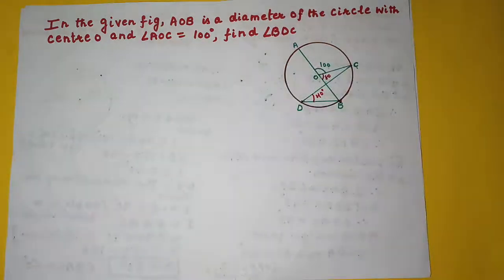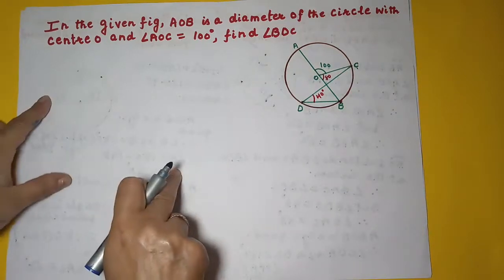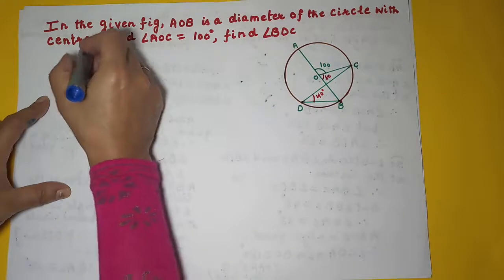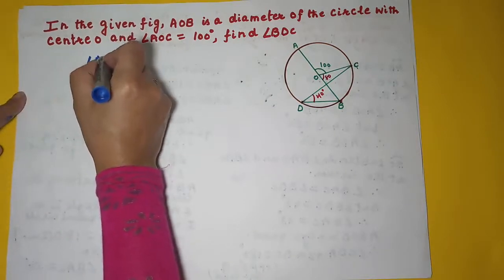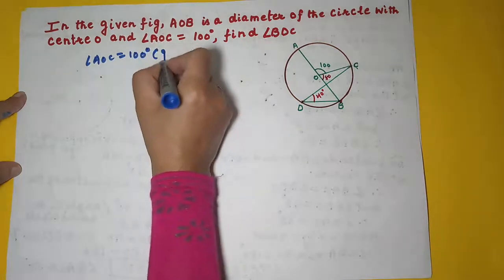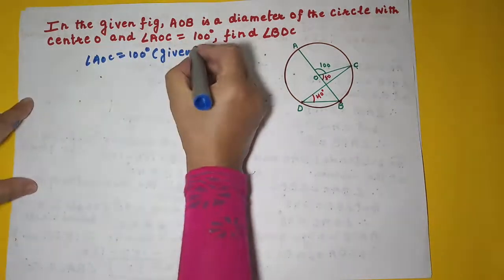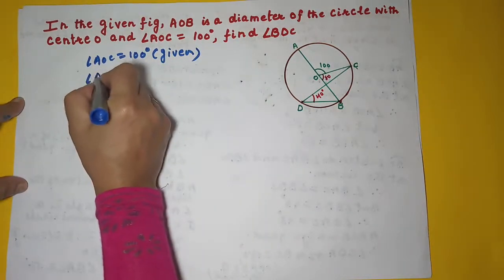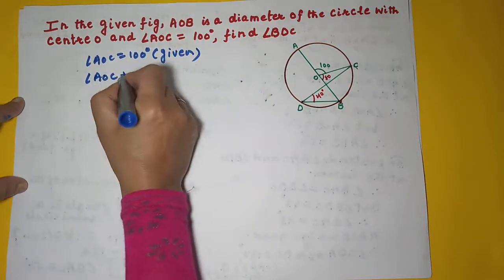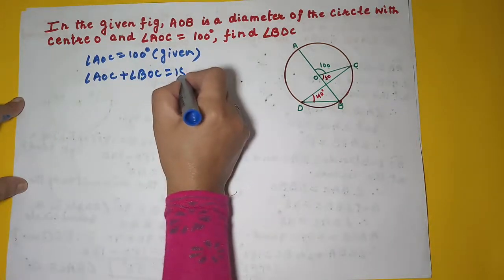Okay. So let's now write it. How will we write it? We can write this as angle AOC is equal to 100. That is given to us. So we can write that angle AOC plus angle BOC is equal to 180.